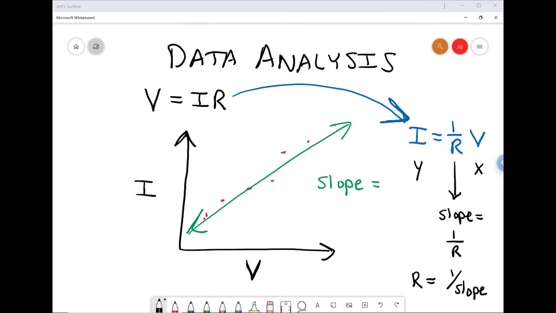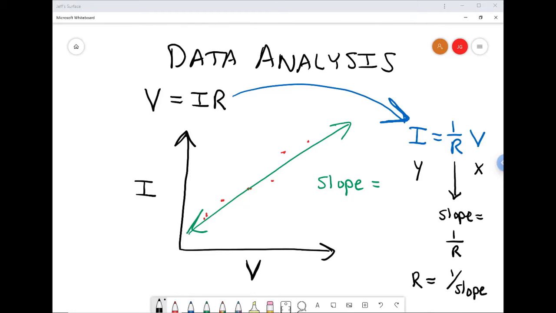All right. So if you plot your data in Excel and use the LINEST function, or apply a trend line to your plot, you'll be able to figure out the slope of this relationship. And once you know the slope of the relationship, you'll be able to calculate resistance. Okay. So you're going to do that.